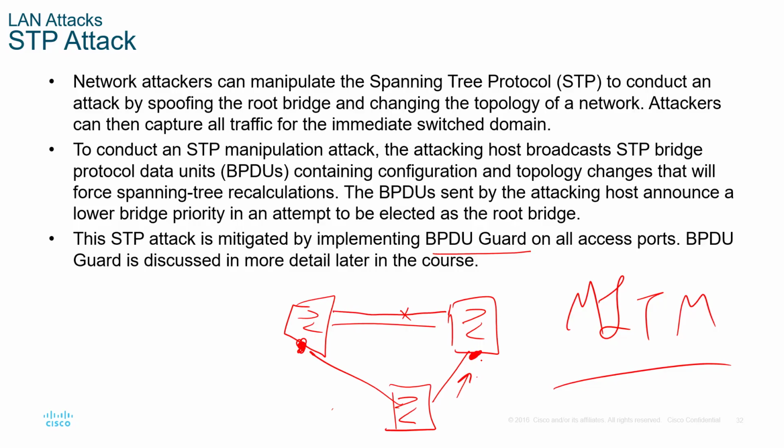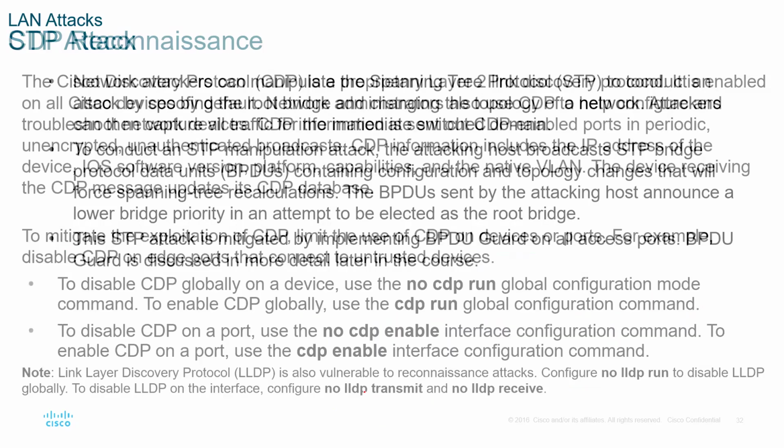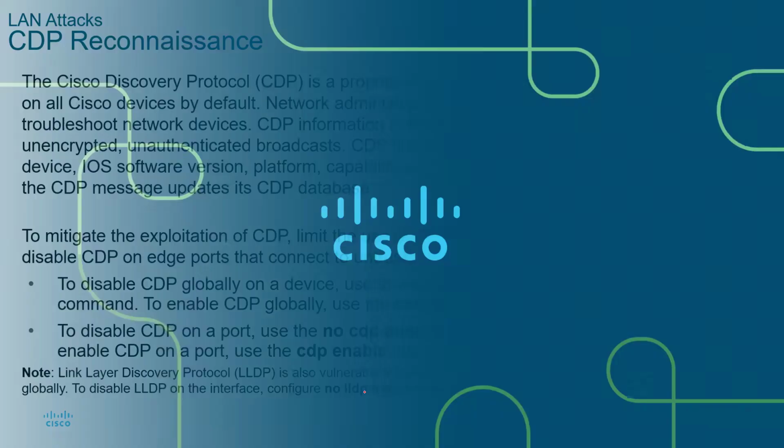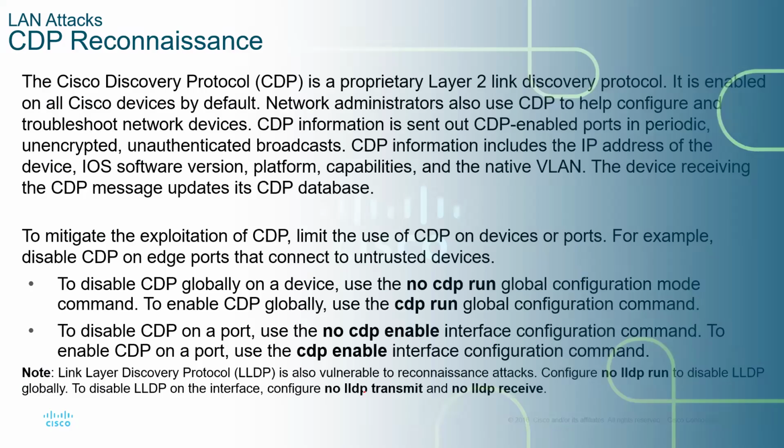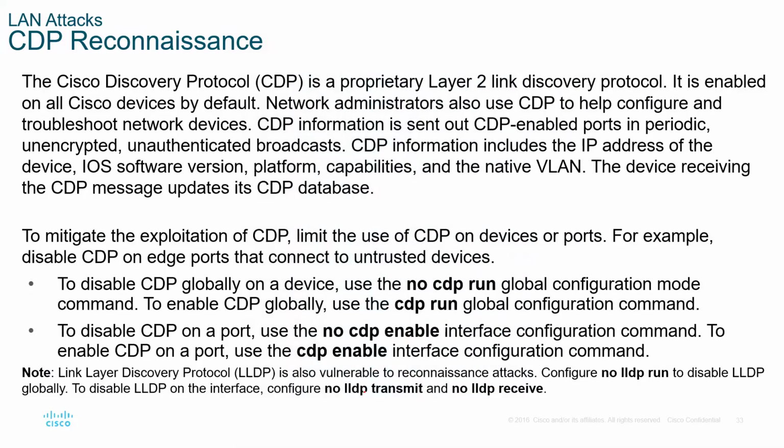The other one is PortFast, then obviously disabling unused ports. If a port is disabled, even if a BPDU is sent, it doesn't reach the switch network. That's STP.